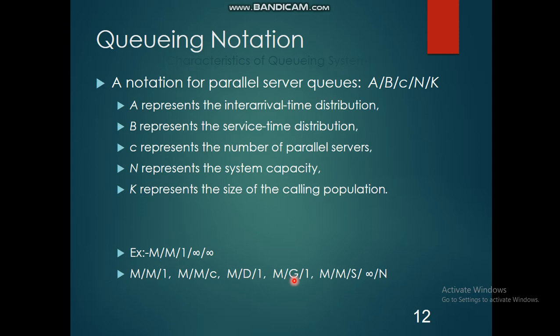C represents your number of servers. For example, I am going to write the notation m/m/1/infinity/infinity. Here m represents the Markov distribution or exponential distribution, and 1 means the number of servers is equal to 1, so only one server is going to serve the customers.